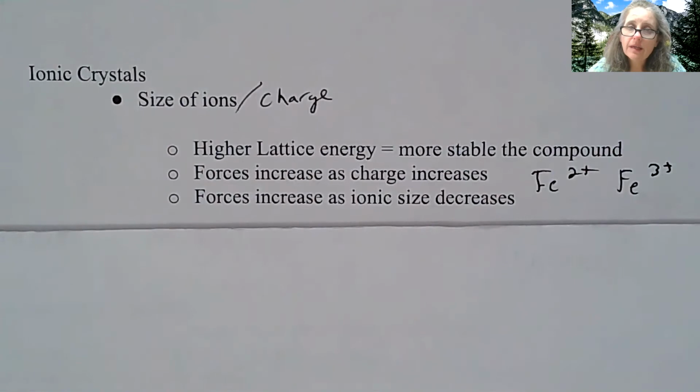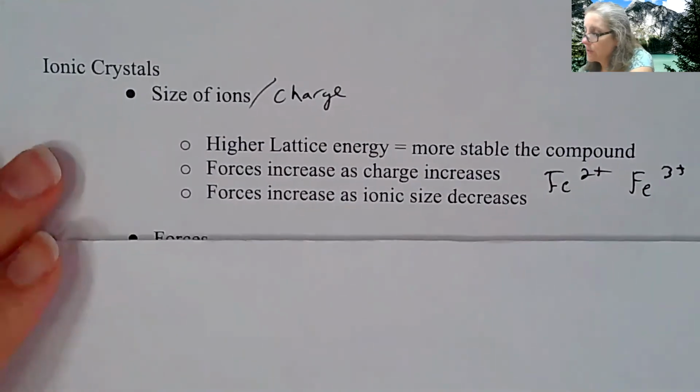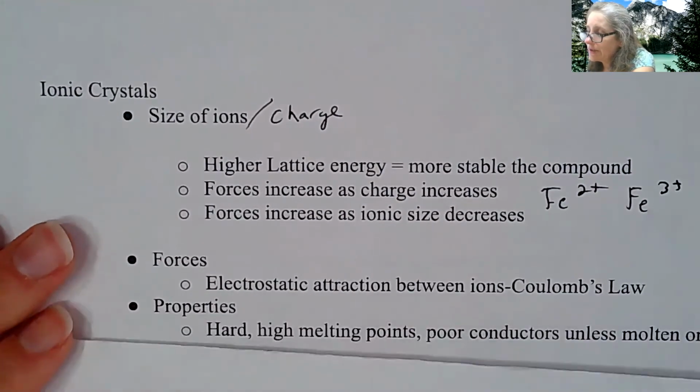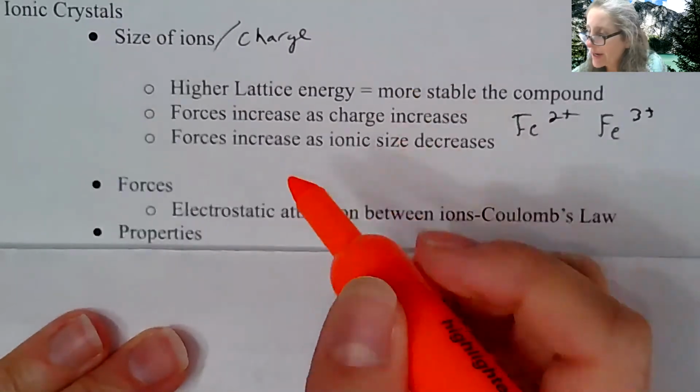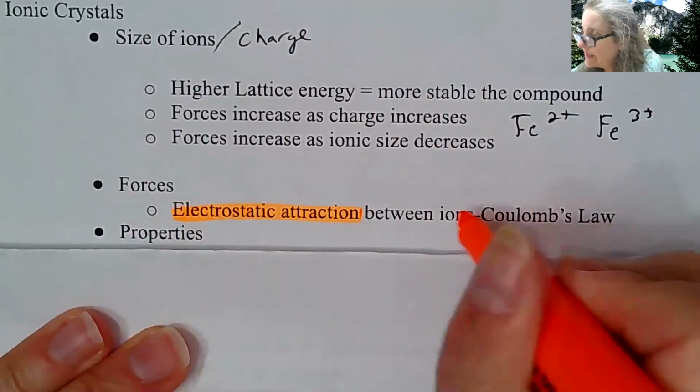Forces also increase as ionic size decreases. If I have Fe with chlorine versus Fe with iodine, I have a difference there because of the distance. So the force that we're talking about here is what we call the electrostatic attraction, okay, between those ions.